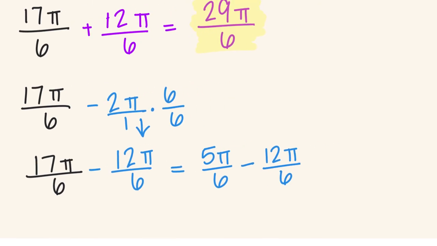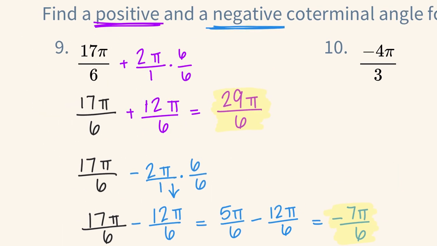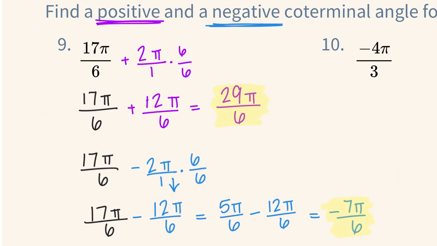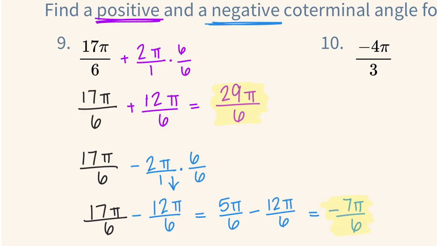So now subtracting, if you subtract it correctly, you're going to get negative 7 pi over 6. Because this is negative, I have my answer. Just remember that you have to have both positive and negative coterminal angles.